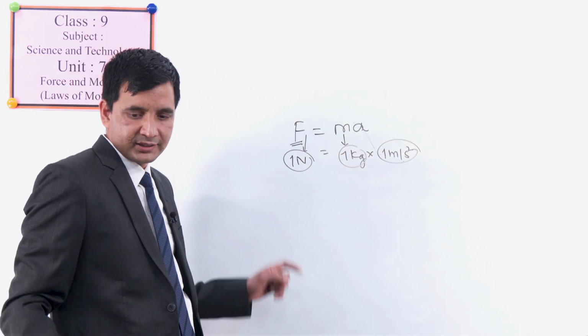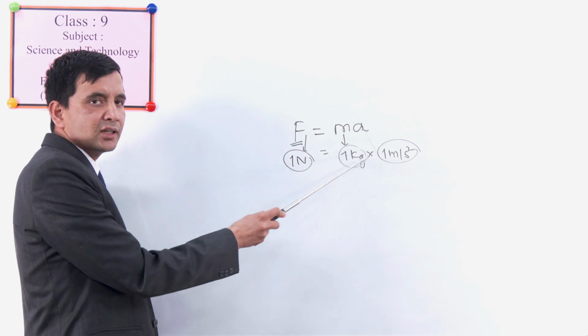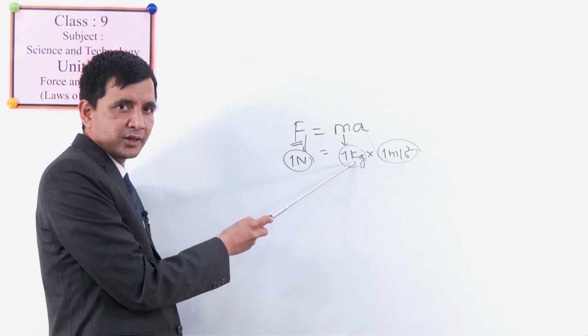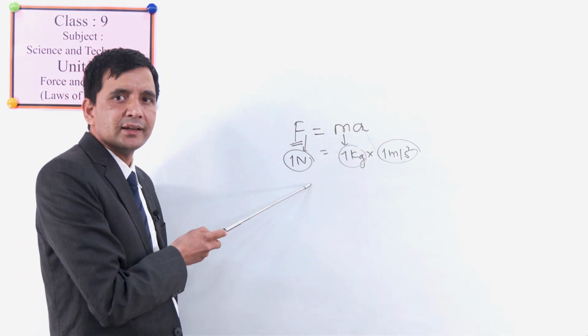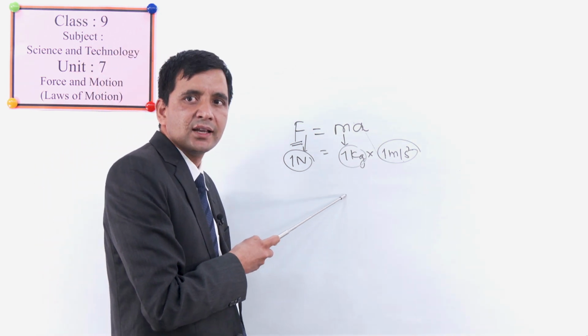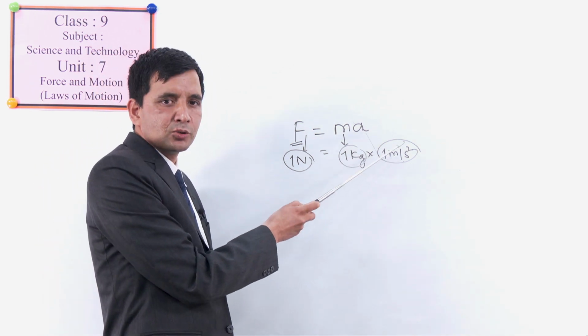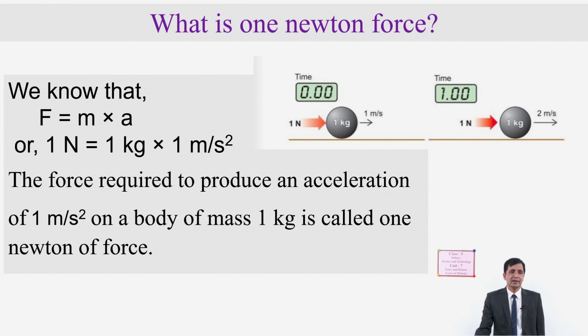So the force is required to produce an acceleration on the body. When the force is applied on the body, then the body accelerates in the direction of force. As a result of this, acceleration is produced on it. So 1 Newton of force can be defined as the force required to produce an acceleration of 1 meter per second square on a body of mass 1 kg.